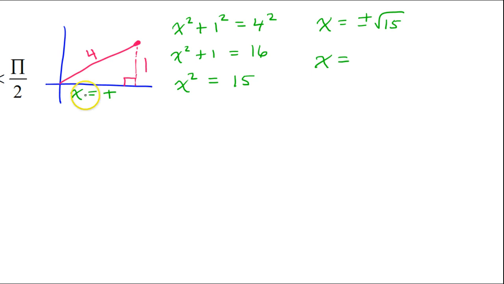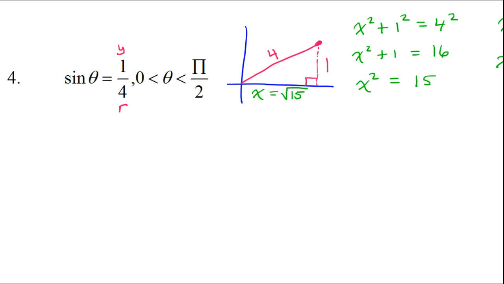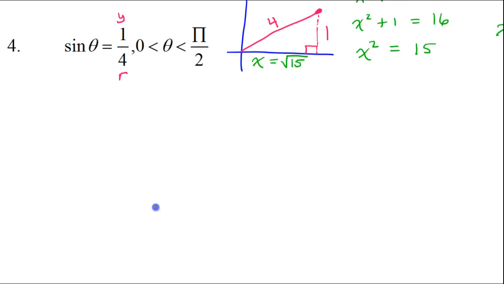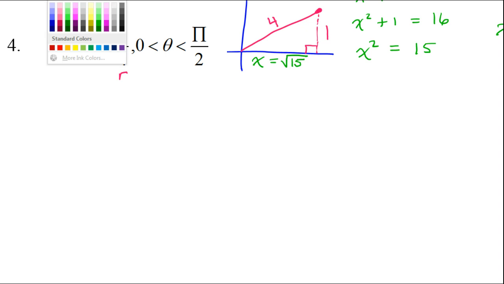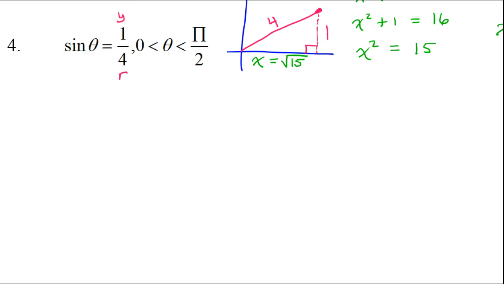But as we discussed, it has to be positive, so I'm just going to say the square root of 15. Alright, that is the information that we need in order to keep going with the problem. So let's go ahead and find the sine of 2 theta.